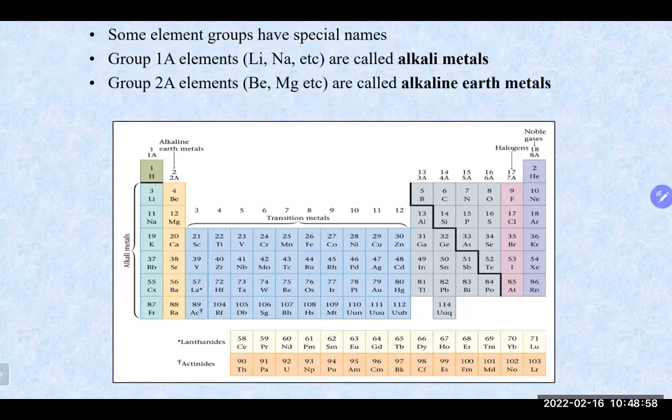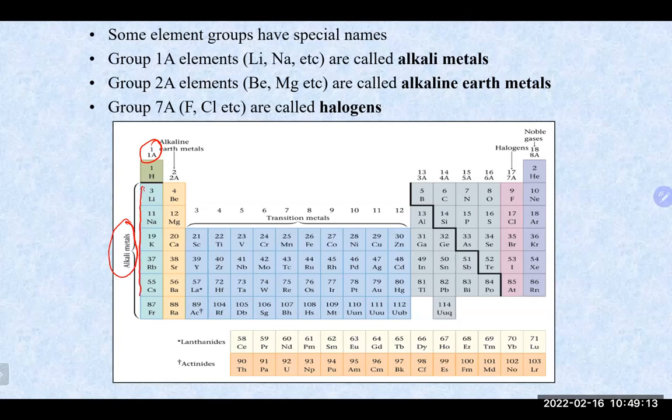Now, some elements and groups have special names, and there are a few that you do need to know. Starting over here again in group one, these are the alkali metals, with lithium being the first member of that, not hydrogen. Right next door in group 2, those are the alkaline earth metals: your beryllium, your magnesium, your calcium, and so forth coming down here.